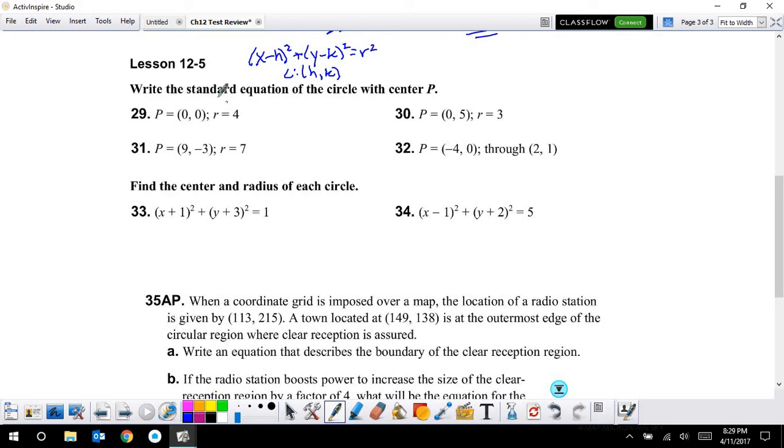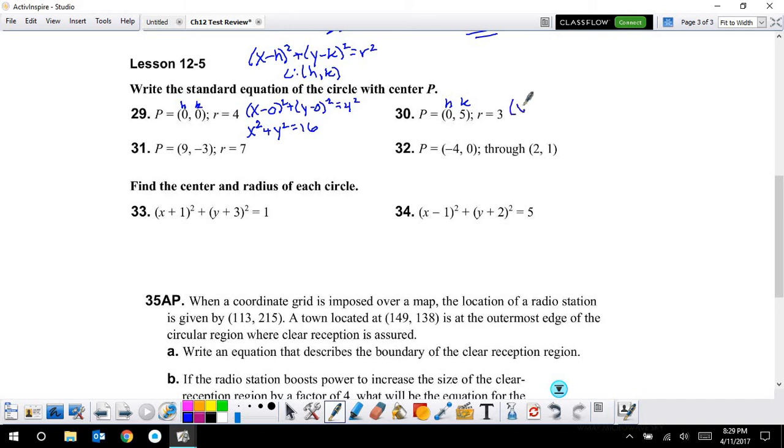So for the first one here, I've got x minus 0, because it's h and k, squared plus y minus 0 squared equals 4 squared. So when you subtract by 0, you just get x. So x squared plus y squared, 4 squared we know is 16. That one's done.